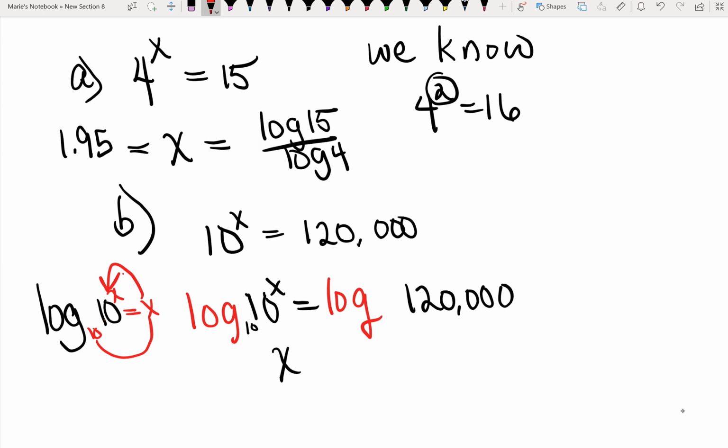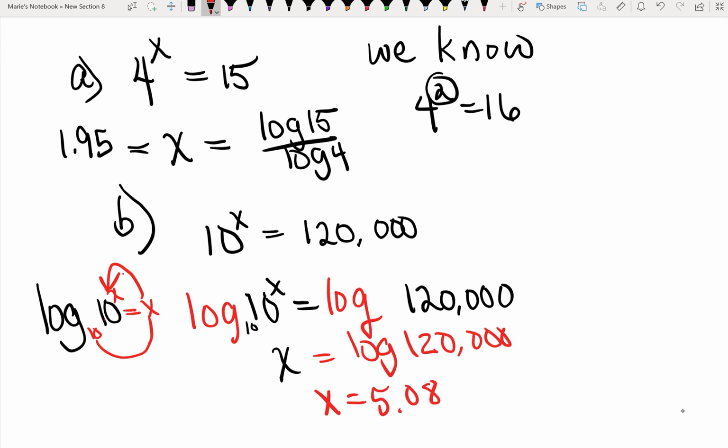It's that loopy-loop thing that we do, but you isolate just the left side to do it. So that gives you x is equal to the log of 120,000, which, once your calculator is done, we get x is equal to 5.08.